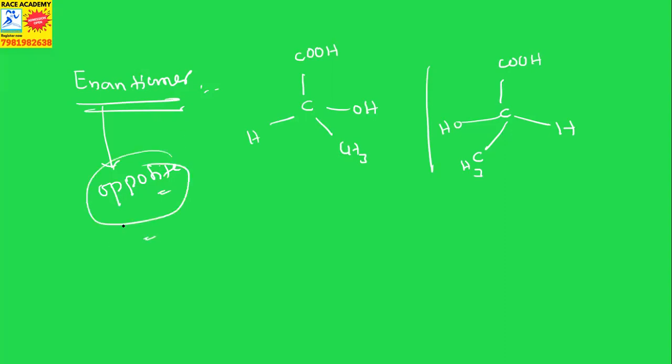The point here is that optical isomers are called enantiomers due to the presence of an asymmetric carbon in a compound, differing only in the arrangement of groups in the tetrahedral configuration. For example, with this mirror image, one is called plus dextrorotatory and the other minus levorotatory lactic acid.